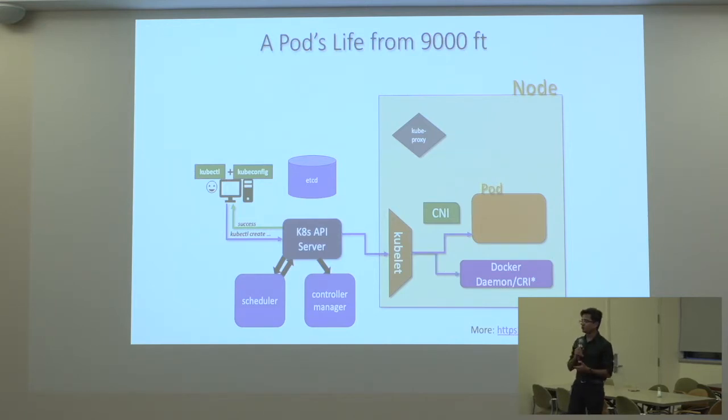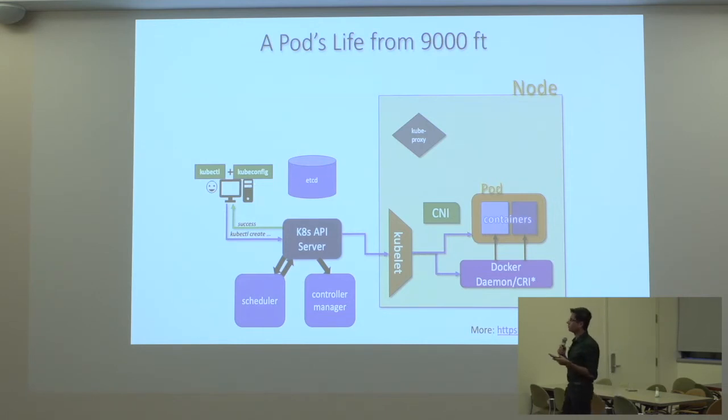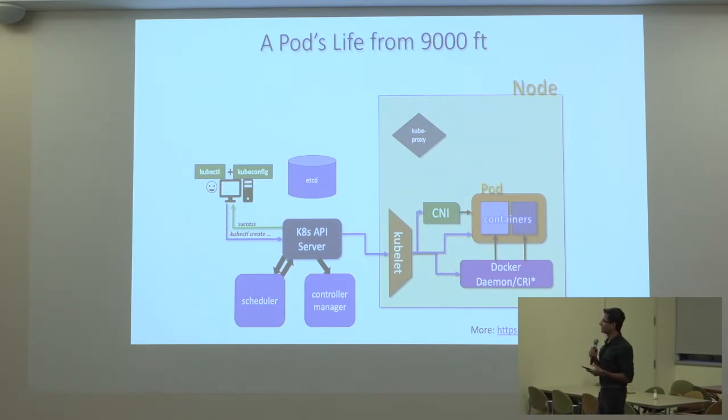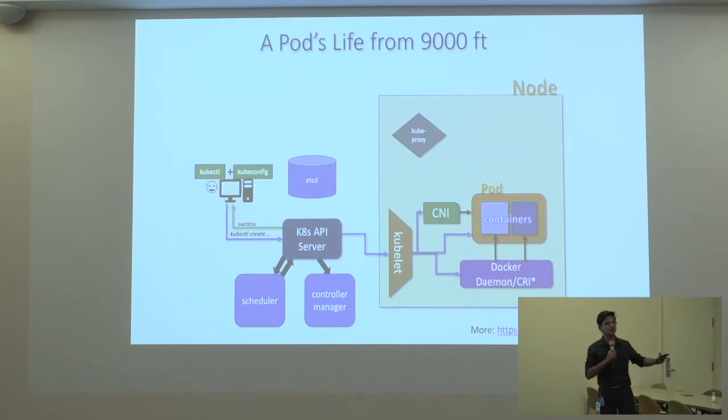Then it will talk to the Docker daemon or container runtime, and that container runtime will create containers inside it. We'll zoom into this a little bit more later. Then it will send an add command to CNI. CNI will then network the pod, assign an IP address, and make sure it can communicate with all the other pods.